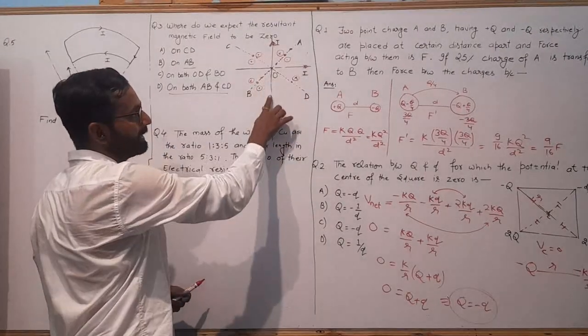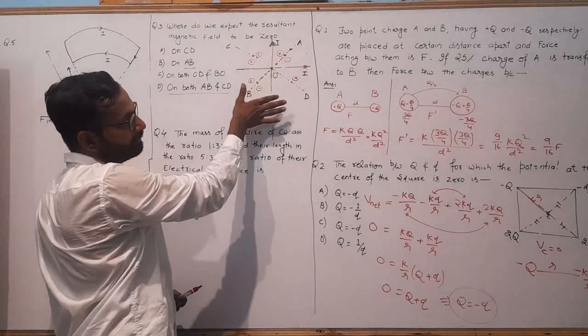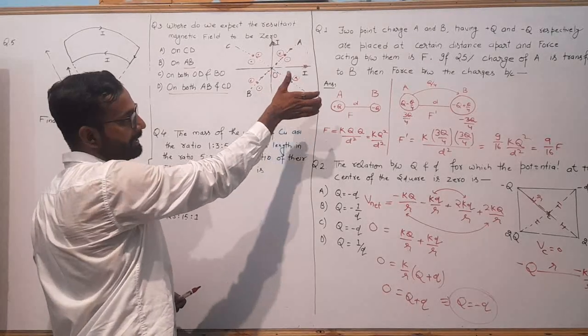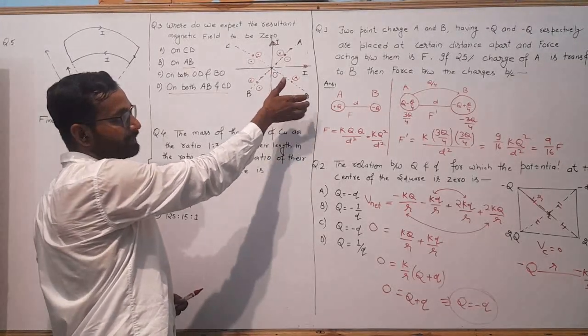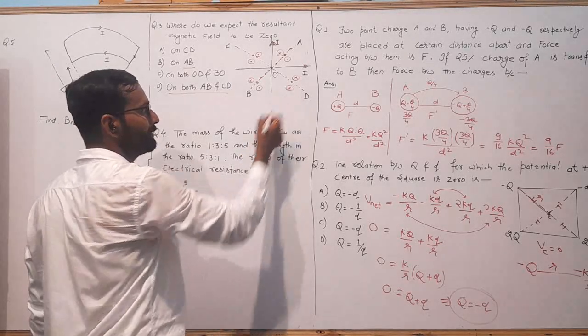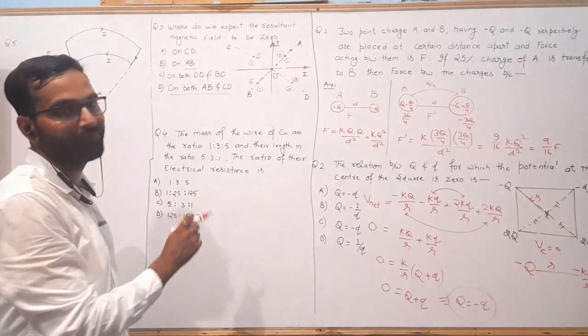Now find it with the help of this conductor. The current is going upward, so we put the thumb and find the magnetic field at this point. We put the finger at this point and curl the finger. We found that the finger is going inward. So the net magnetic field is inward.